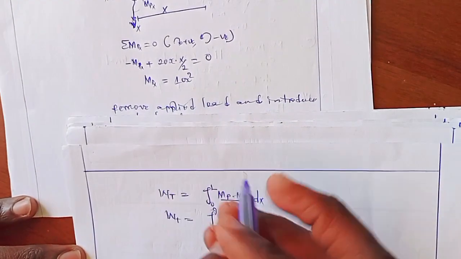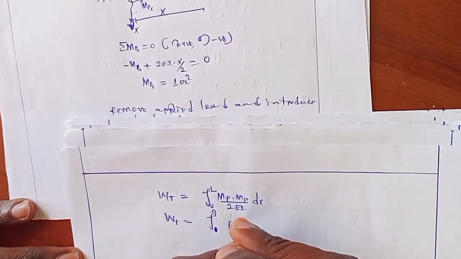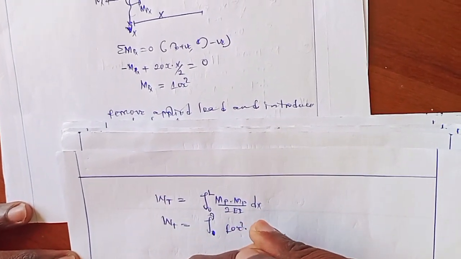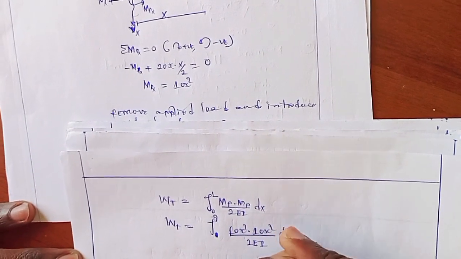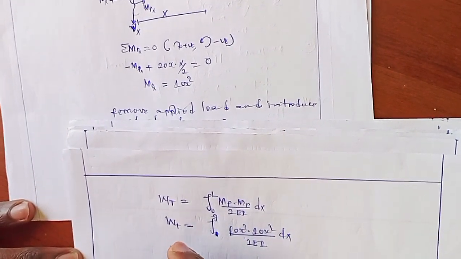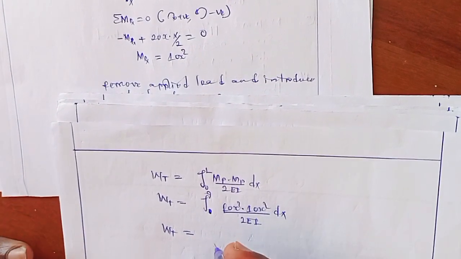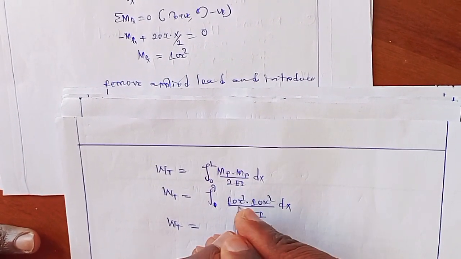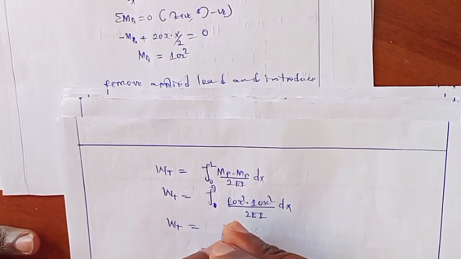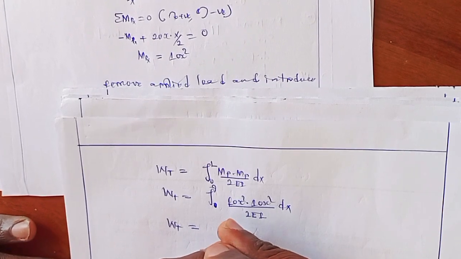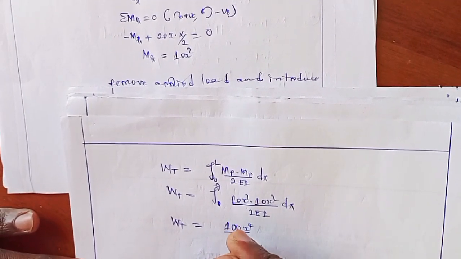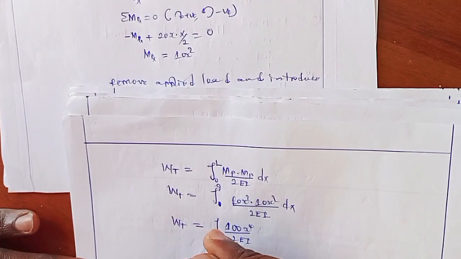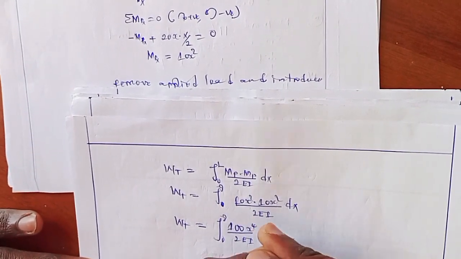The moment due to applied load we have calculated, which was 10x squared, times 10x squared over 2EI dx. So total energy will be 100x to the power 4 over 2EI from 0 to 8 dx.